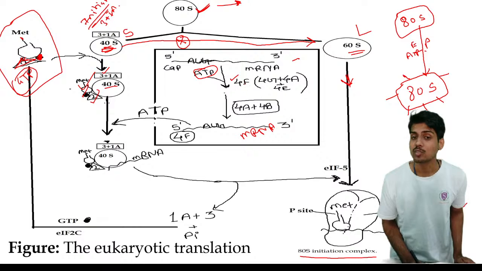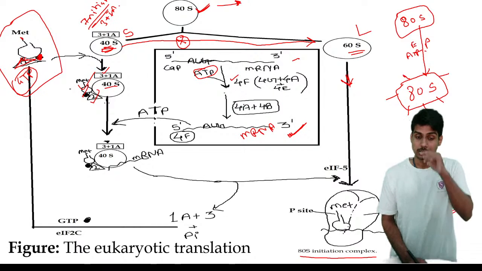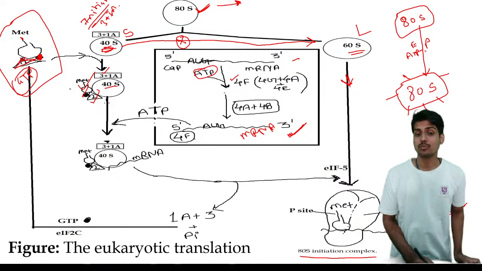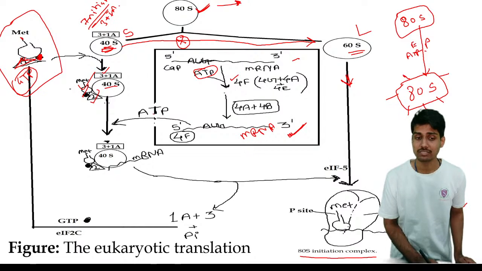It is going to attach at the 5' end, or the cap, of this mRNA. So now the mRNA is ready to be fused with the 40S ribosomal unit. This mRNA along with the 4F initiation factor now forms a complex with this ribosomal unit. Along with this, you are utilizing the energy in the form of ATP.